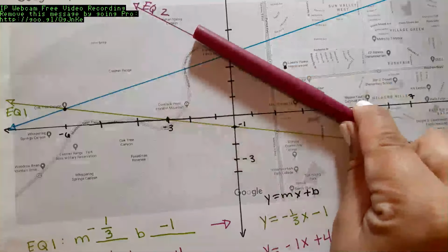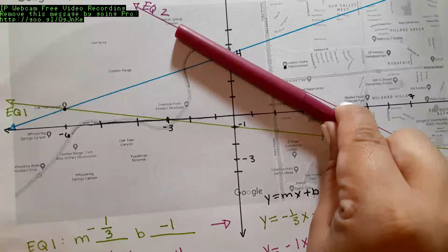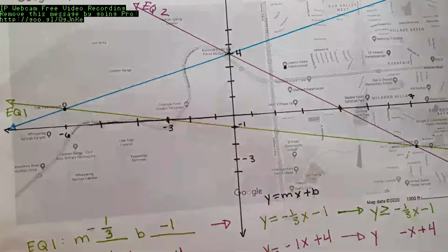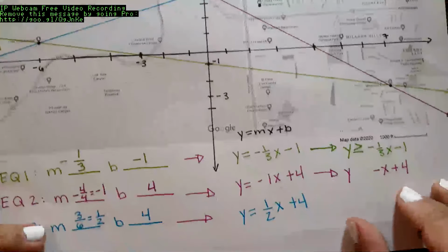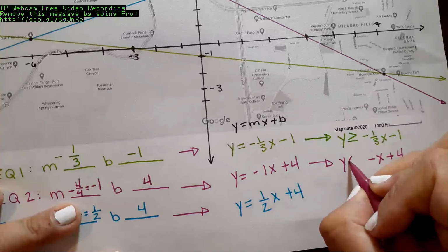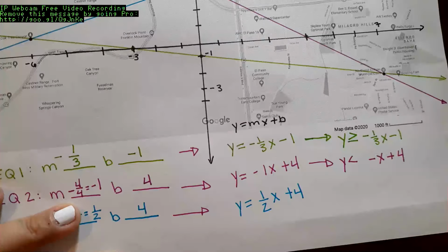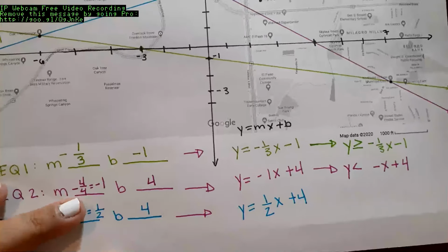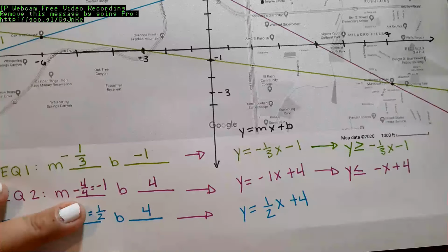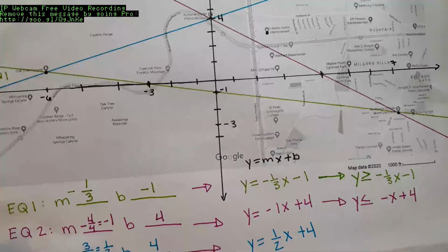So on my line, am I going to be shading above or below my line? And the answer is below. So I'm going to shade below my line. So that's going to be a less than. And for sure, same thing, I want it to have that solid barrier. Okay, so I'm going to put that equal sign under it so it can be a solid line.